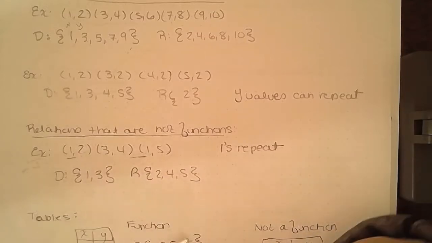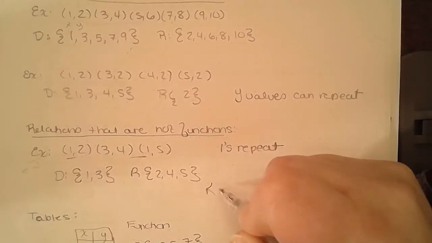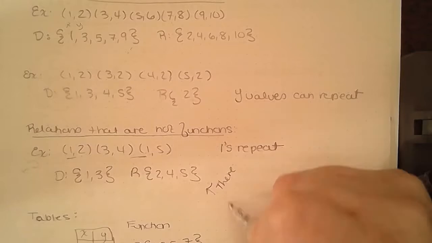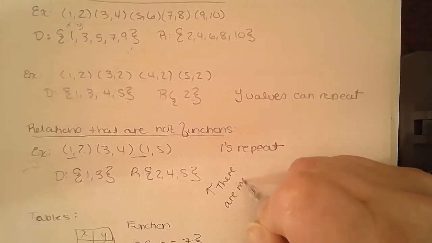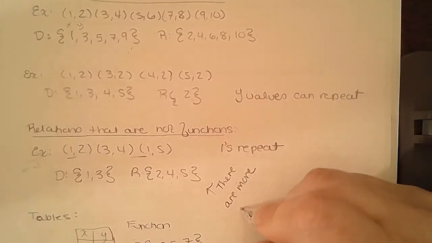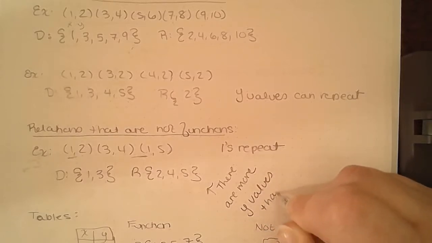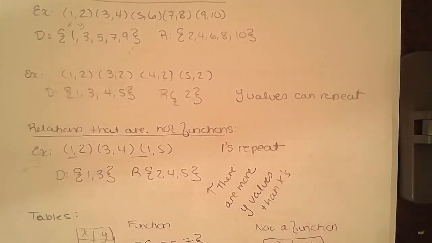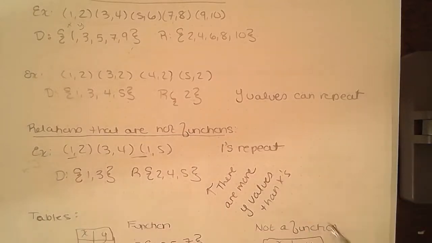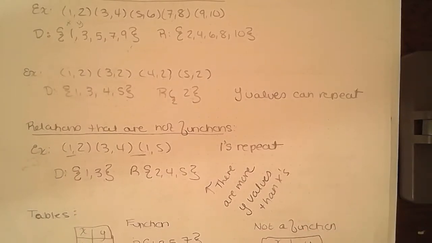Now, a big giveaway that this is not a function is there are more y values than x's. Your x values cannot repeat and they can't go to more than one y value. That tells you that it is not a function.